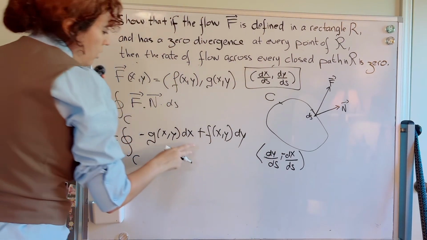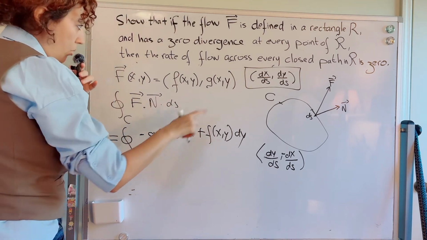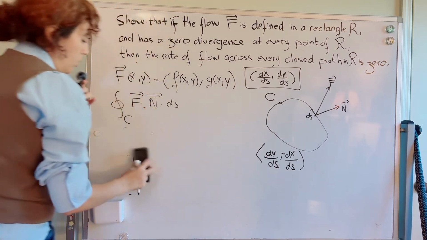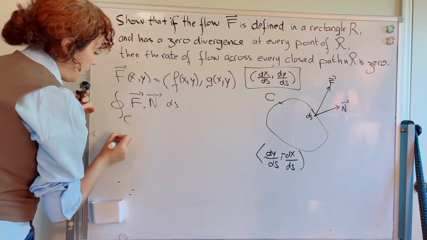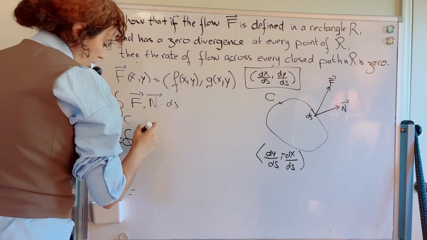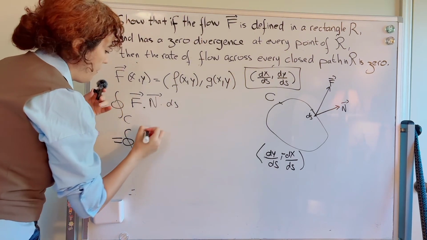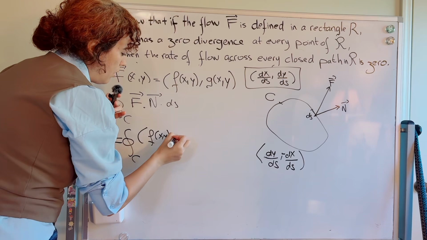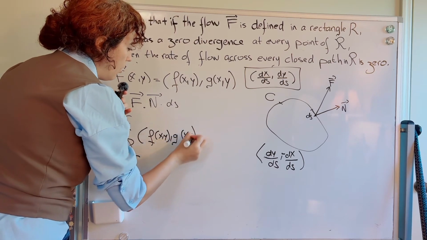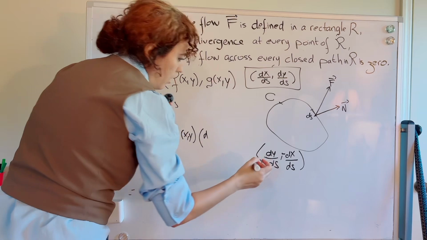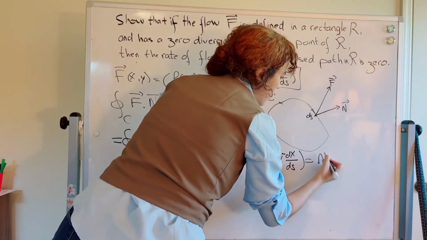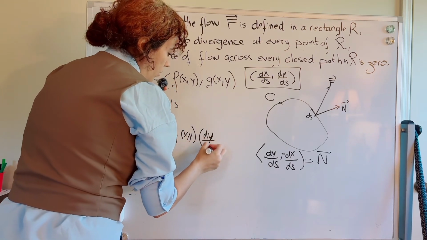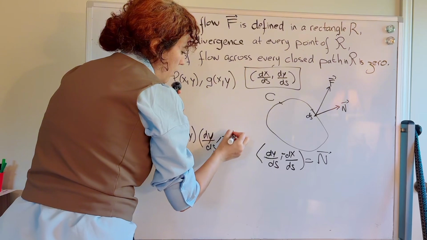So if we want to prove this, this is going to be the line integral of F(x,y), G(x,y) dotted with n, which is dy over ds, negative dx over ds.